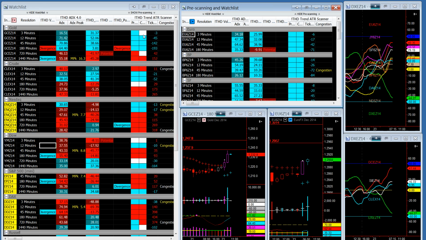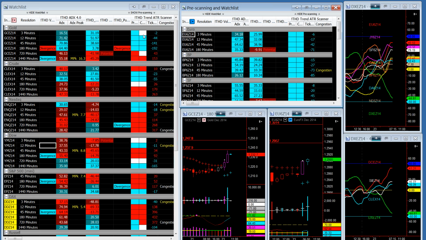Well, it's important because every entry is generated off of either an ATR or a congestion dot. I don't enter in the middle of nowhere. It's either at the ATR and my stop is slightly below the ATR, or I'm at the congestion dot and my stop is slightly above the congestion dot.